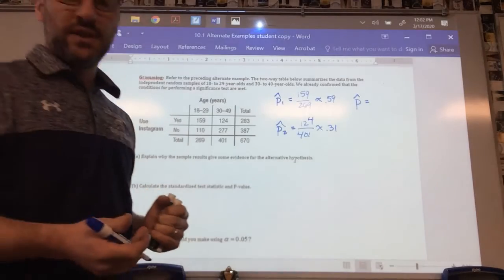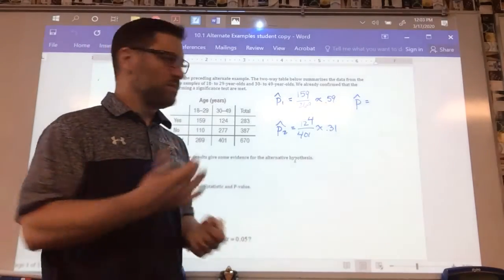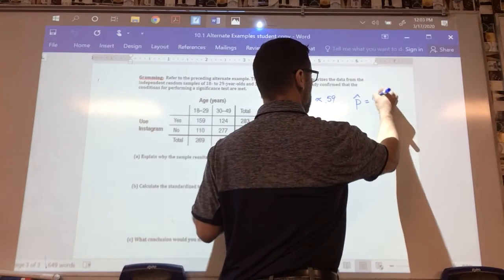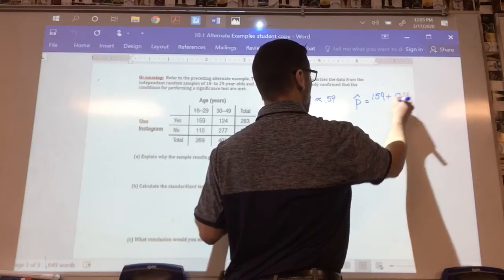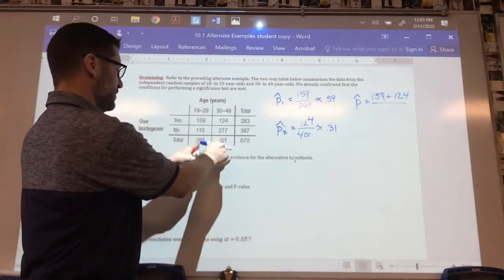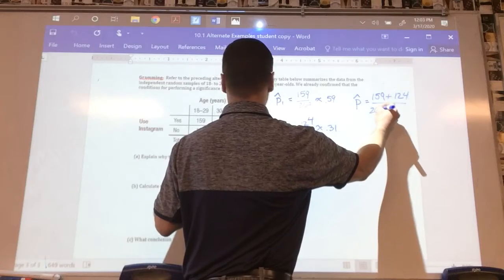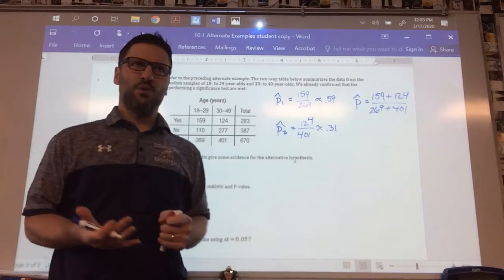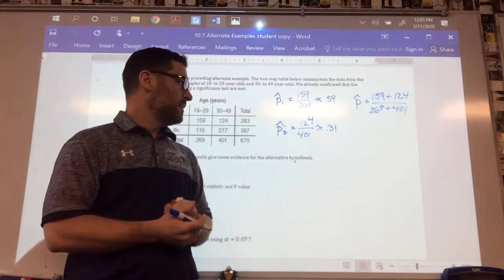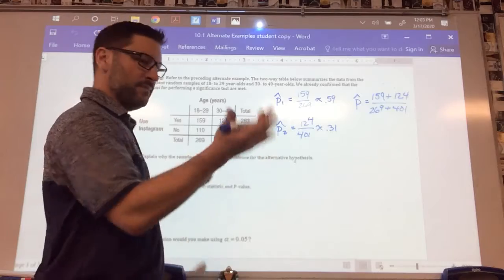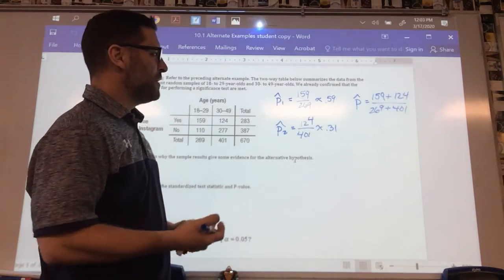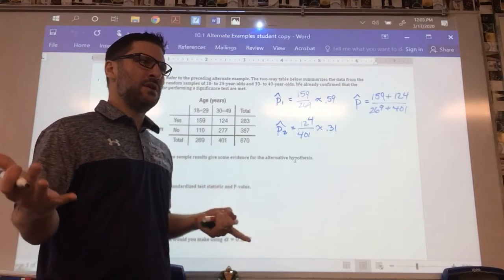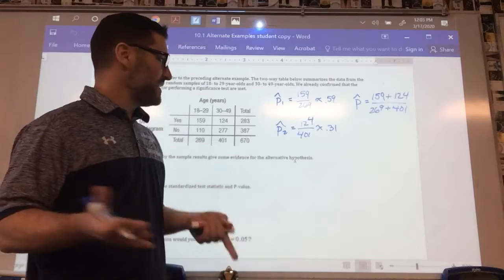The P hat is really the sum of these two values. So I take 159 plus 124, and I take their totals, 269 plus 401, and add them up. What I will find is this proportion for the entire sample, not population, in this specific sample: the expected proportion of people that would use InstaFace.